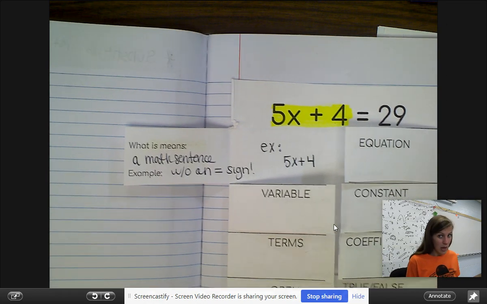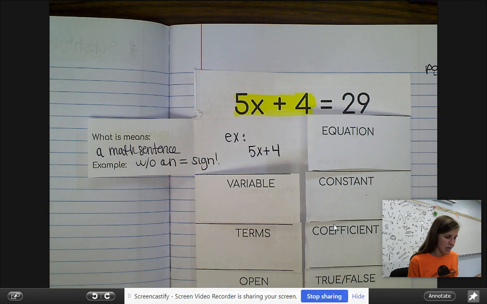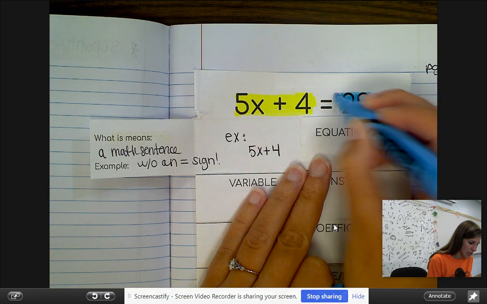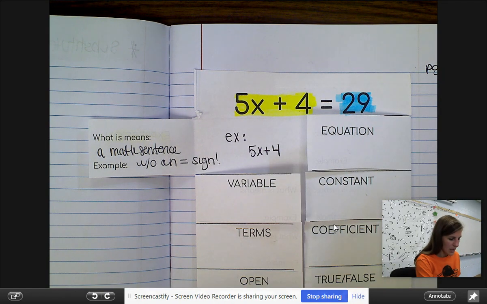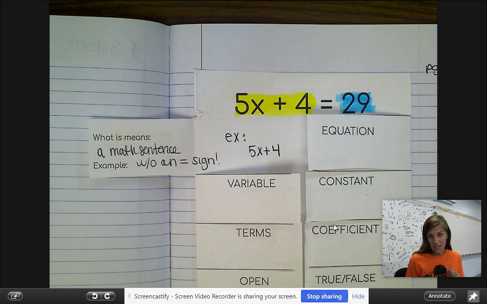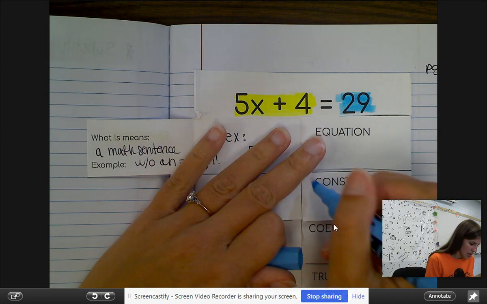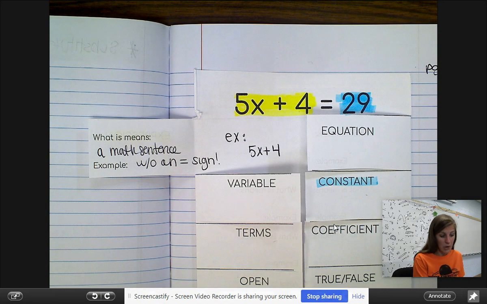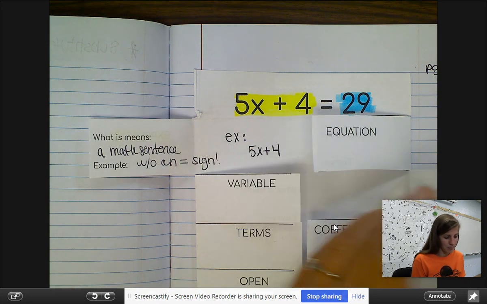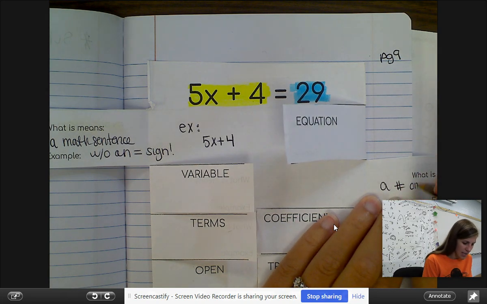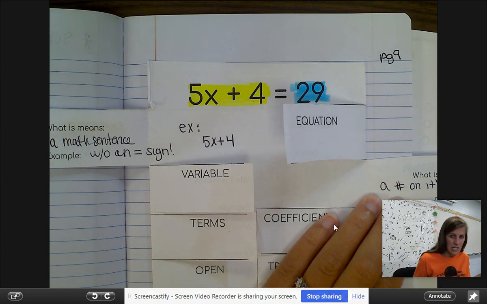So we're just going to move that example word up. Actually, I want to jump a bit and let's talk about the 29. So the 29 on its own here, that is what we call a constant. So a constant is a number all on its own. Going solo.